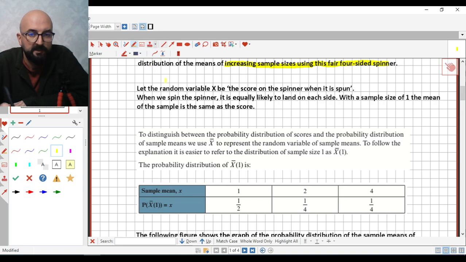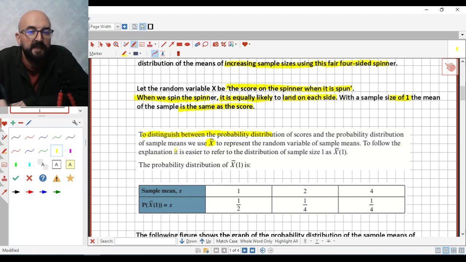Let the random variable X be the score on the spinner when it's spun. When we spin the spinner, it's equally likely to land on each side. With a sample size of 1, the mean of the sample is the same as the score. To distinguish between the probability distribution of scores and the probability distribution of sample means, we use X-bar to represent the random variable of sample means.